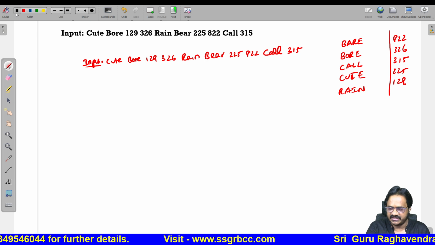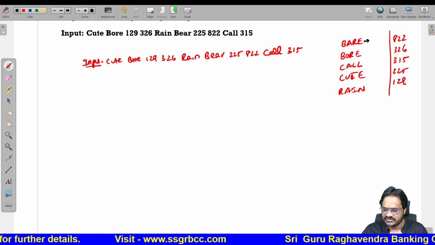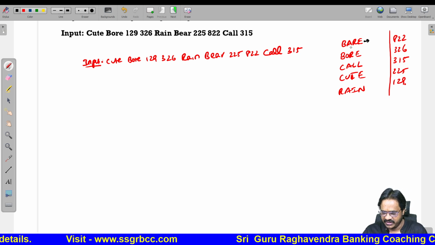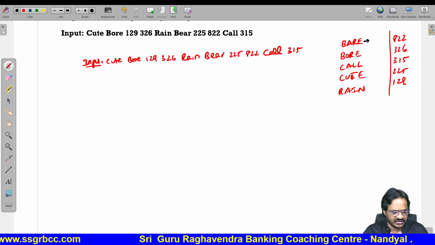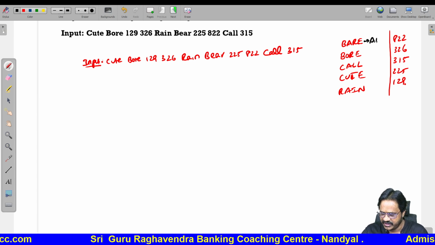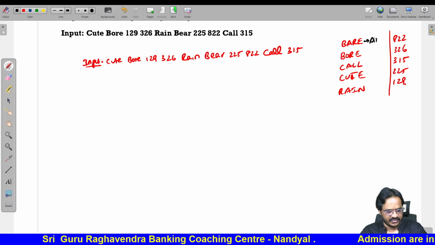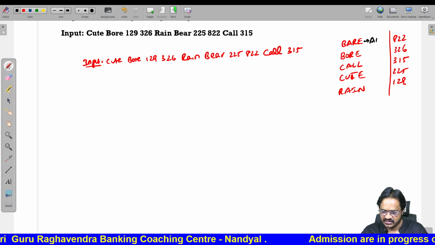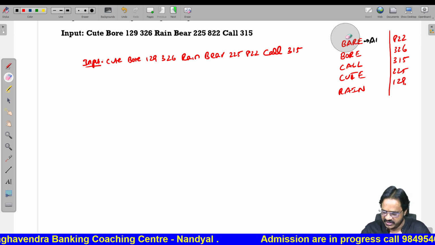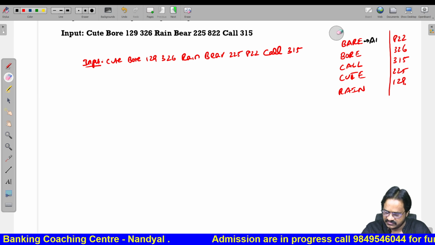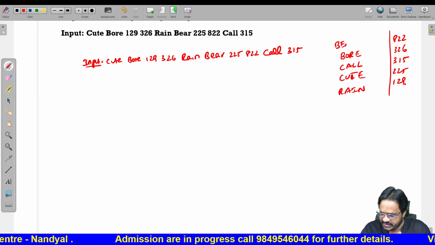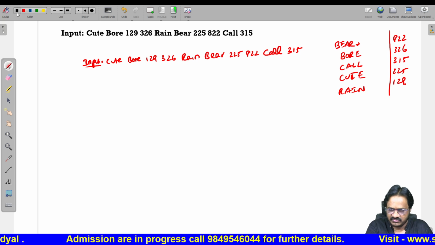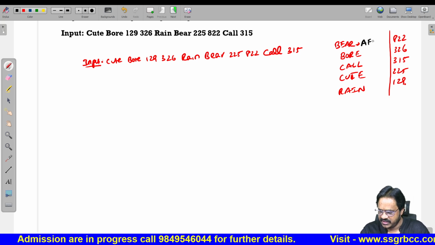First let us make the necessary changes. If it is a vowel, take the next letter; if it is a consonant, take the previous letter. So bear, B-E-A-R, not B-A-R-E, will become A-F.